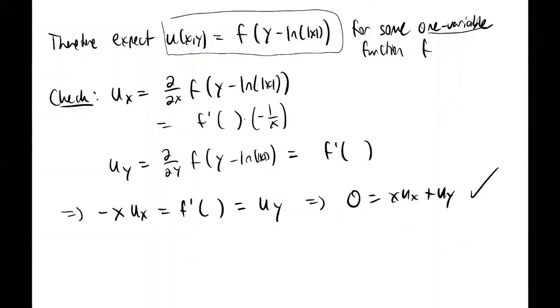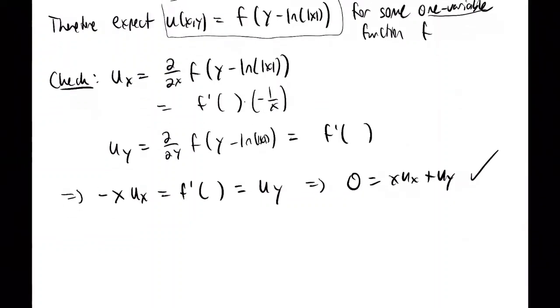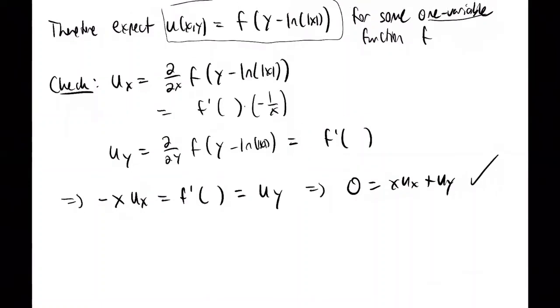So we found the solution. And so once again, if you don't specify more information about your function, this is the only thing you can say. So you just know that there's some function f for which u satisfies this formula, you just don't know what it is. If you add in an extra initial condition, you can actually get a complete solution.